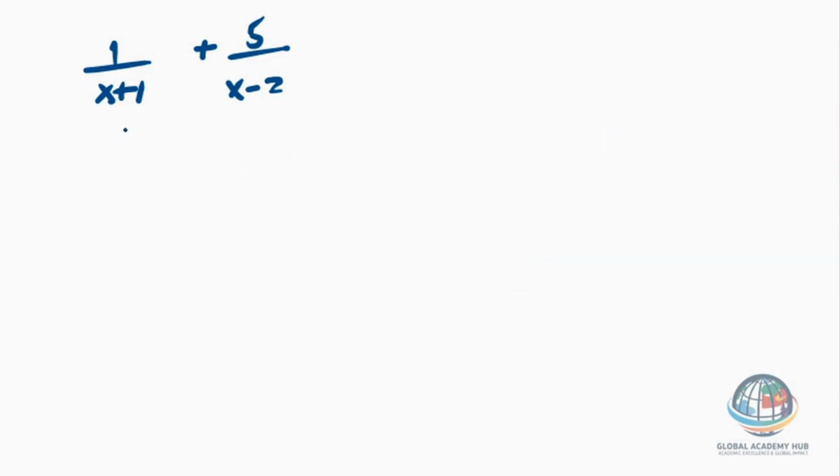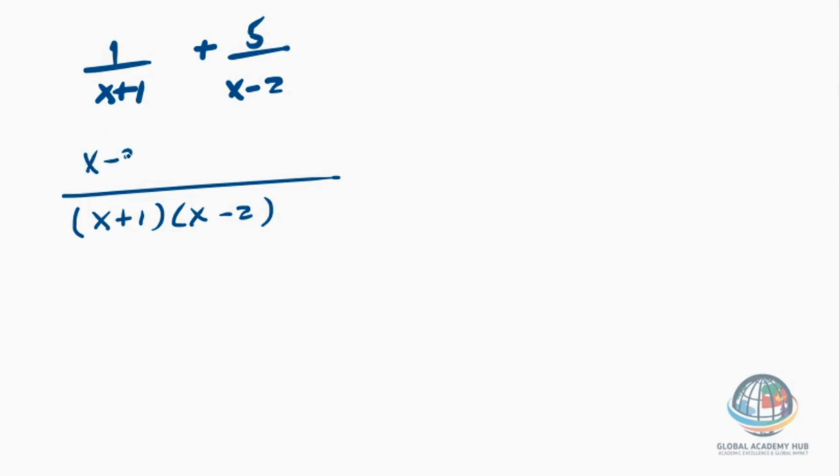Here I have x plus 1 and x minus 2 in the denominator. The product of those two will be the lowest common multiple. I'm going to use that as a common denominator so I can add these. So I have x plus 1 multiplied by x minus 2 as the denominator. So x plus 1 into x plus 1 multiplied by x minus 2 is x minus 2 multiplied by 1 is x minus 2.